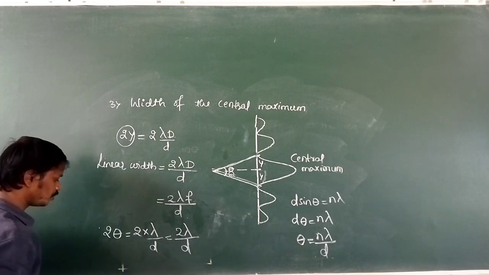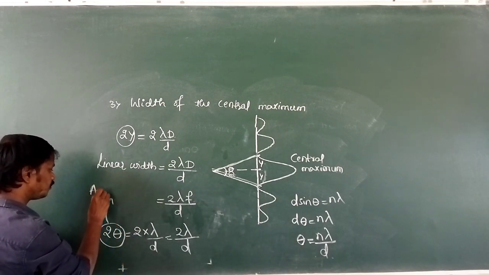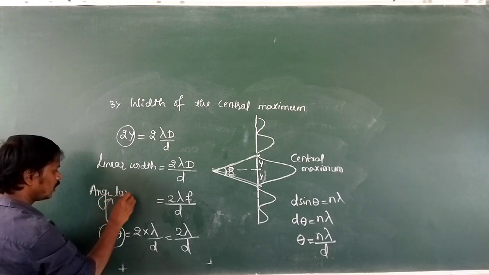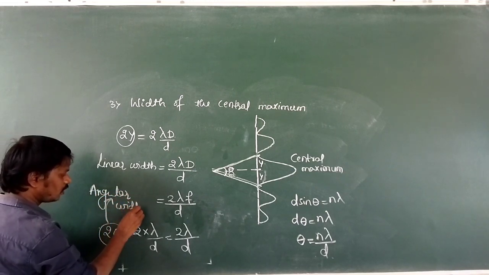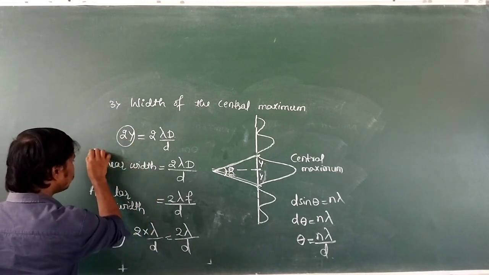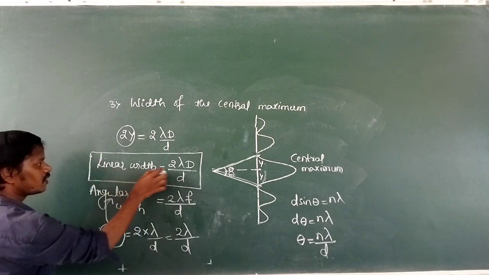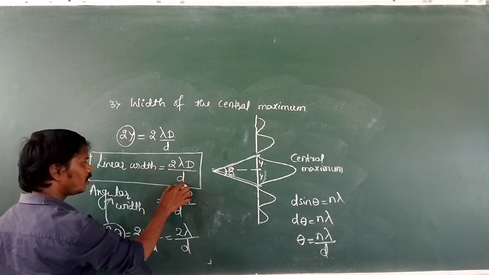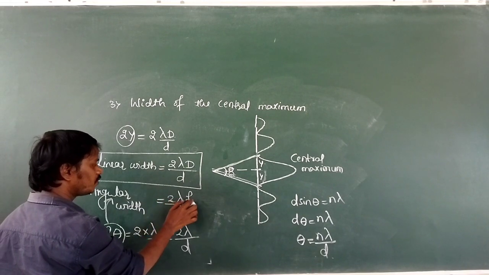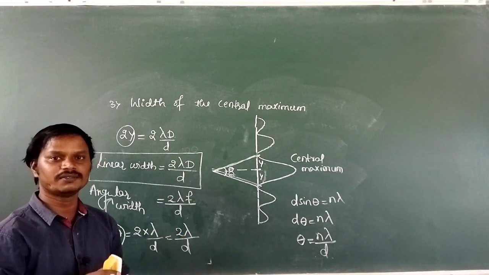So remember these two. Here 2 theta is nothing but the angular width, and here 2y is nothing but the linear width. So remember these two formulas. Linear width is 2 lambda into capital D divided by small d, otherwise 2 lambda into f divided by small d, where f is the focal length of the convex lens.